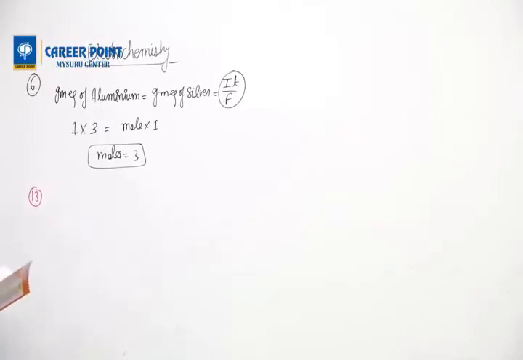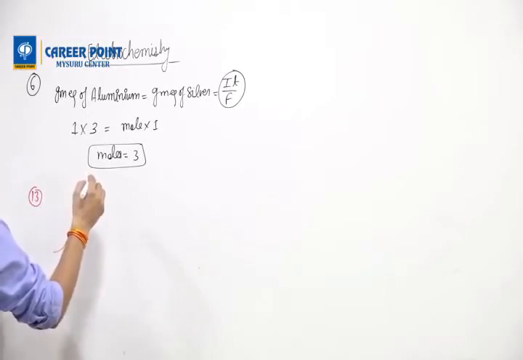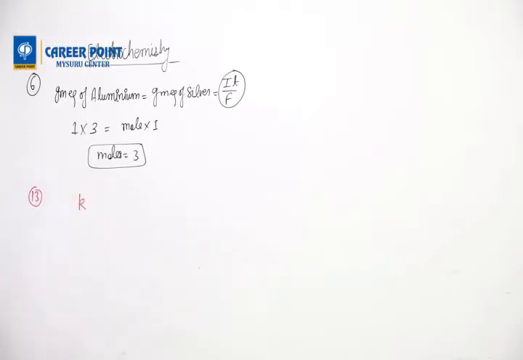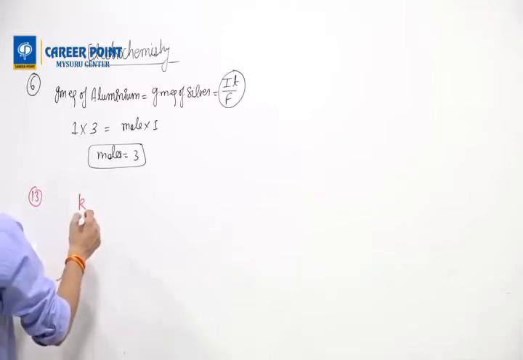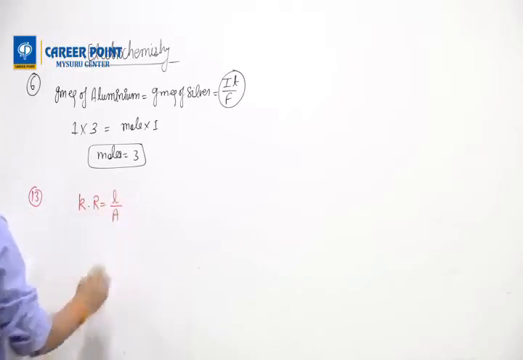Question number 13. The resistance of 0.01 solution of an electrolyte AB at 328 Kelvin is 100 ohms. The specific conductance of the solution is. So specific conductance is K. Okay, what is given is K into R equals to L by A. L by A is cell constant.